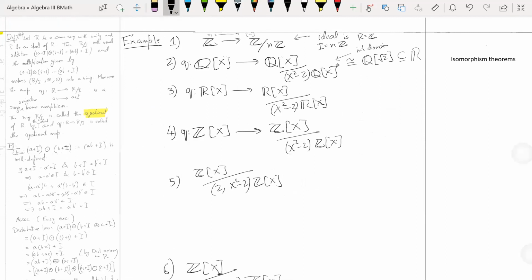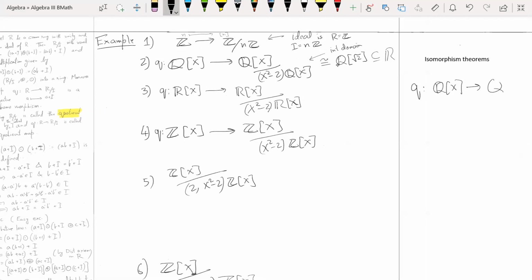I want to show that Q[x] mod (x square minus 2) Q[x] is isomorphic to Q[square root 2]. So what do we do? We look at this map from Q[x] to Q[square root 2].